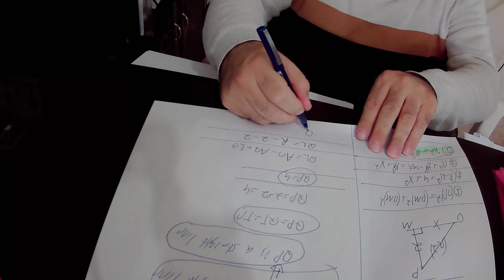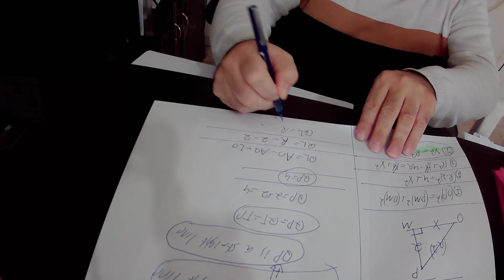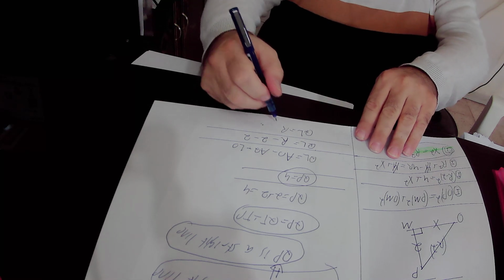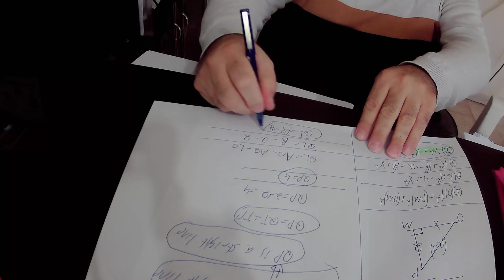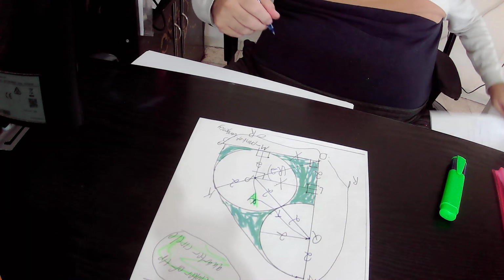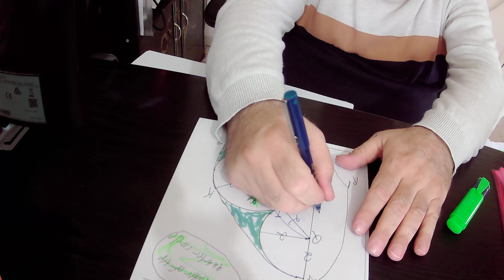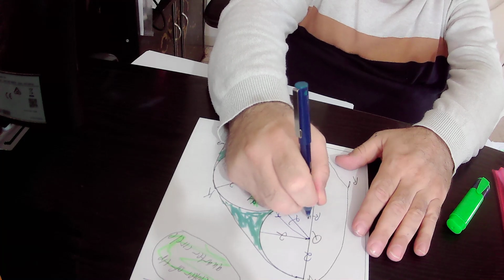So in conclusion, QL equals capital R minus 2 minus 2, that is capital R minus 4. Here QL equals capital R minus 4.